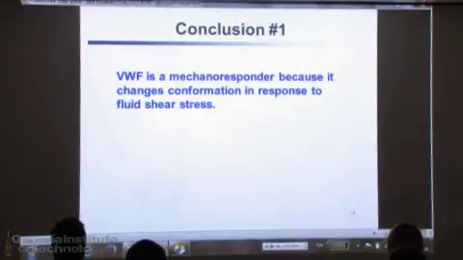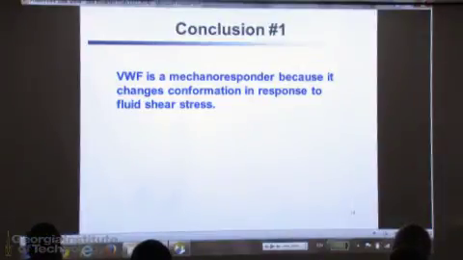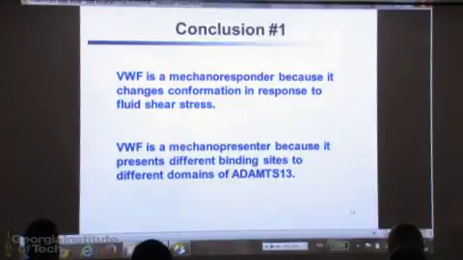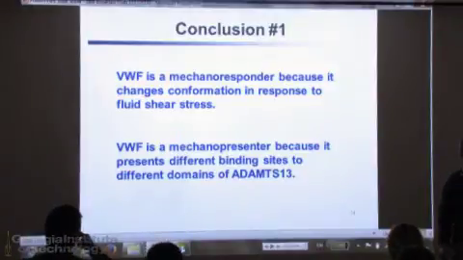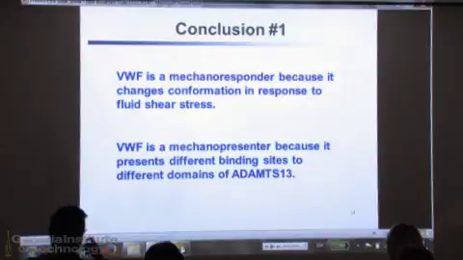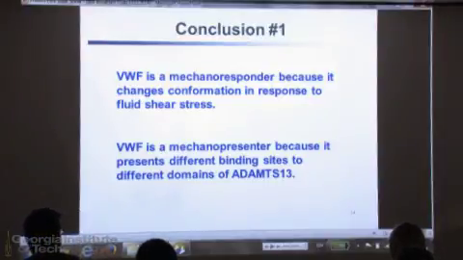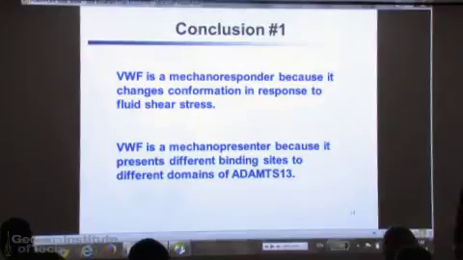VWF is a mechanoresponder because it changes conformation in response to fluid shear stress. VWF is a mechanopresenter because it presents different binding sites to different domains of ADAMTS13. Right? So I hope this example, without solving yet, illustrates the concept of mechanoresponder and mechanopresenter.